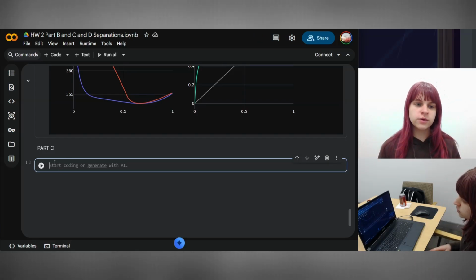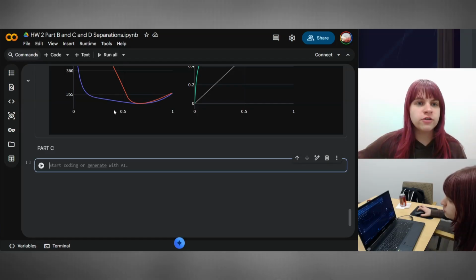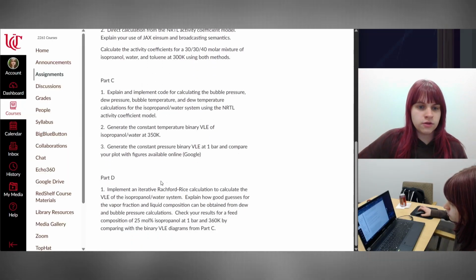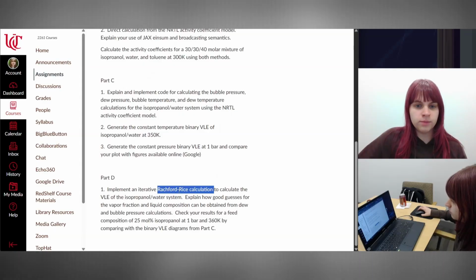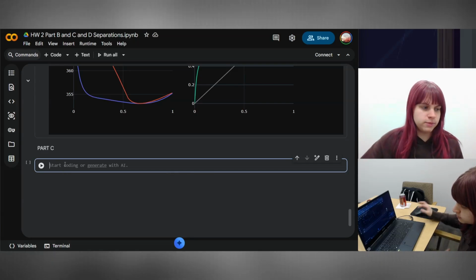The first thing we want to do is make a function. So what we need to do is basically we're using the Rachford-Rice calculation that I derived in part A, but we need to take into account that this system is not ideal, so we are using the NRTL method.